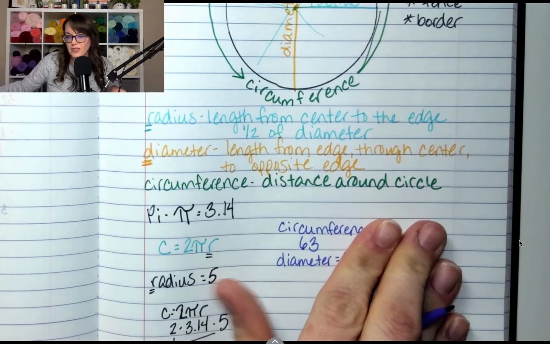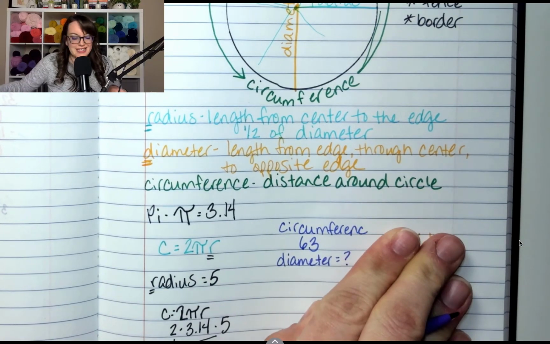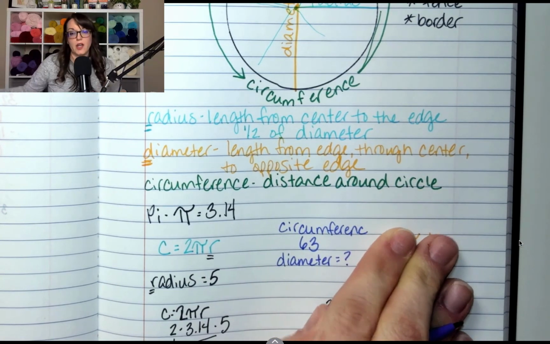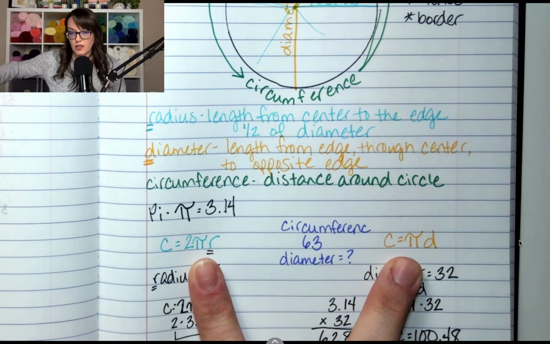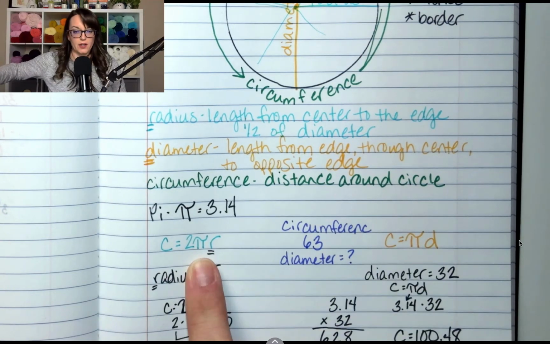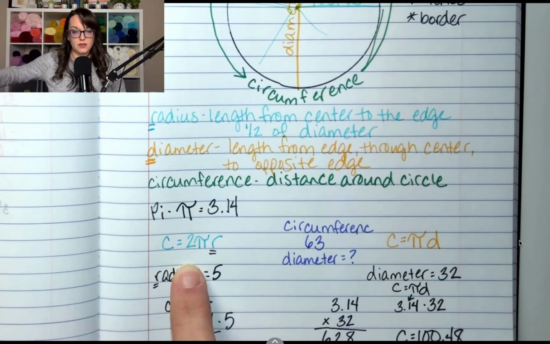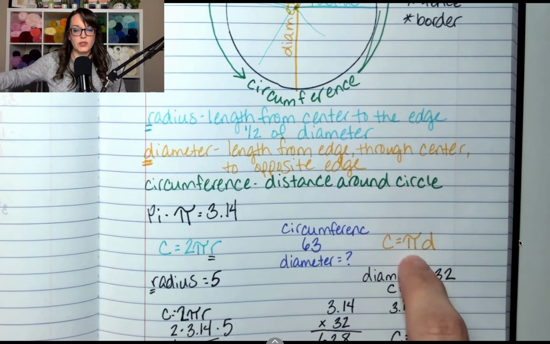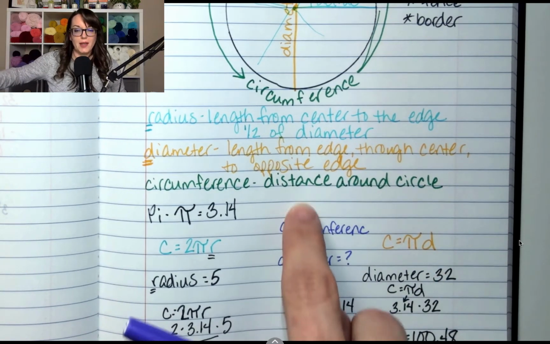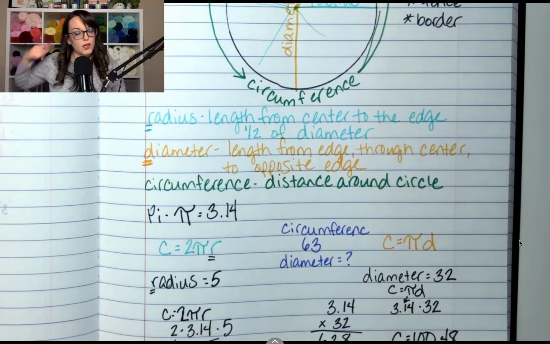So if the circumference is 63 and it's asking for the diameter, I'm going to use equations to work backwards. So which formula uses diameter? Left or right? This one uses diameter. So I can plug in what I know and work backwards to solve that equation.